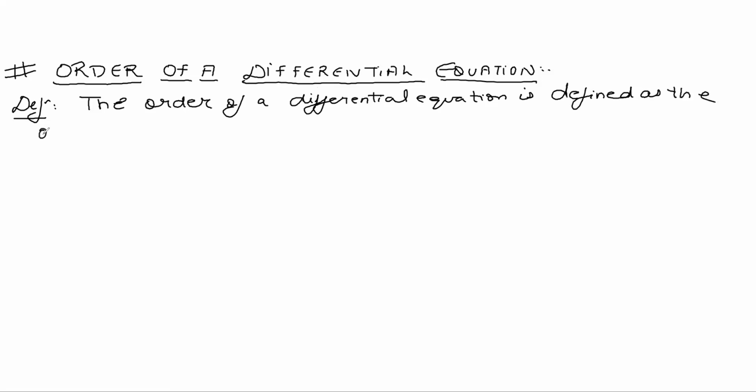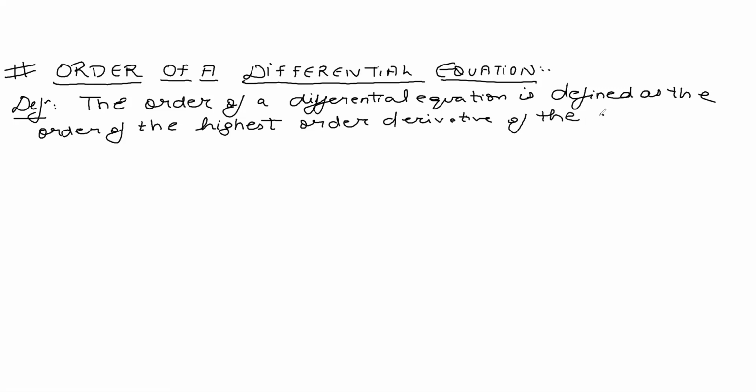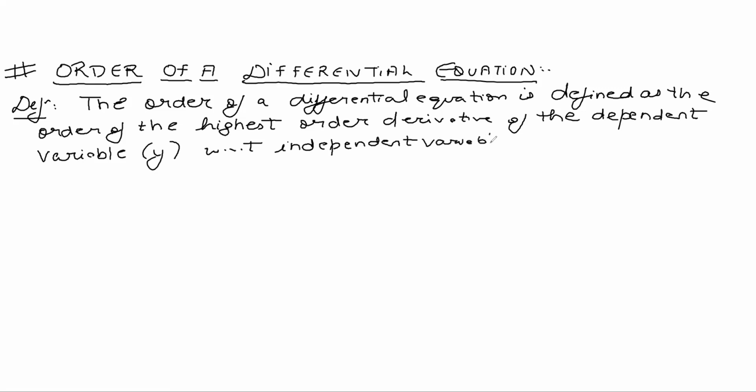the order of the highest order derivative of the dependent variable, which in our example is y, with respect to the independent variable, which in our lectures is variable x, involved in the differential equation.